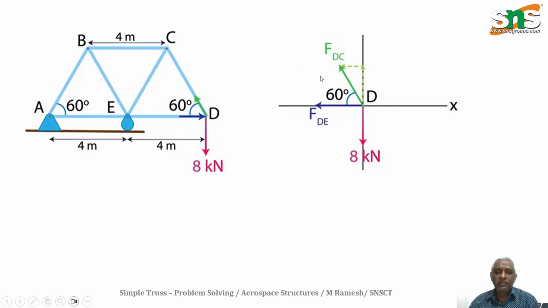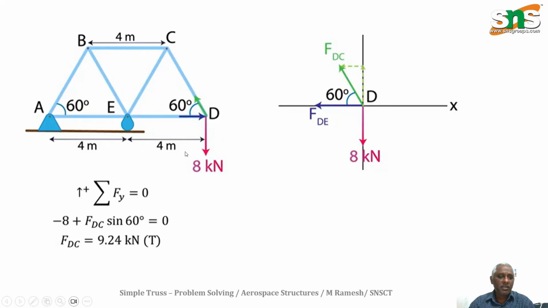How can we find these two unknown members first? As per the static equilibrium equations, we can find the member forces. One is the sum of all vertical forces equal to 0, with the sign convention that upward forces are taken as positive.